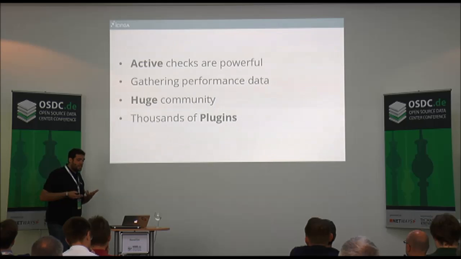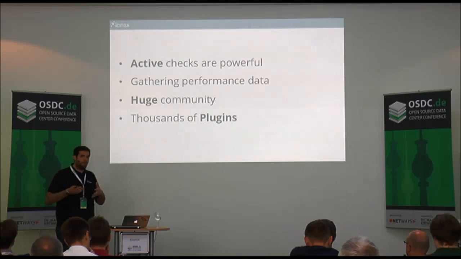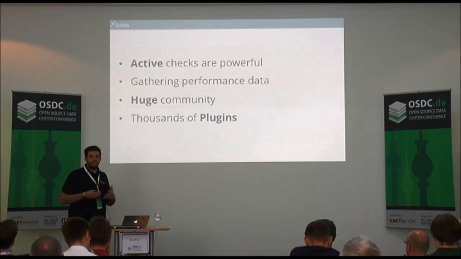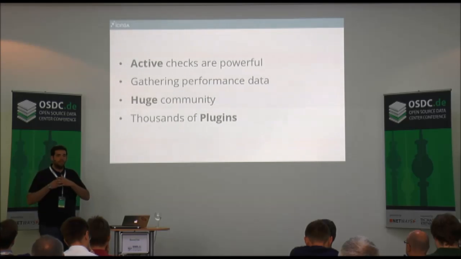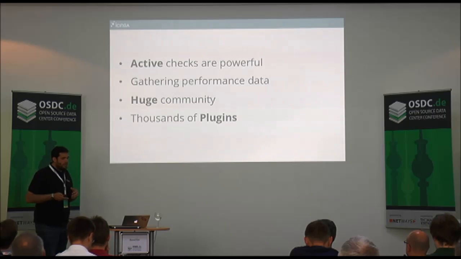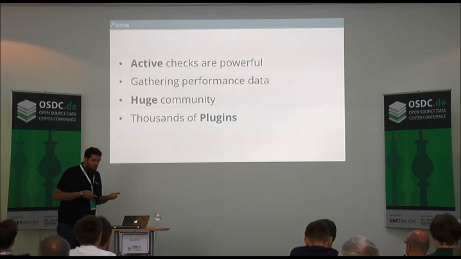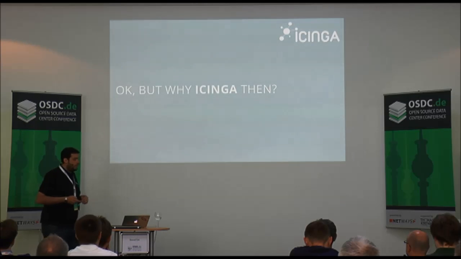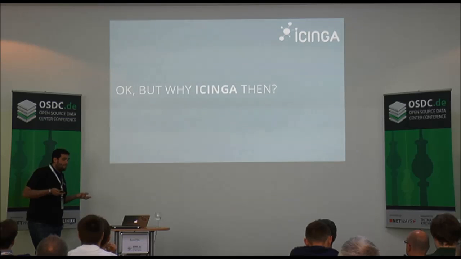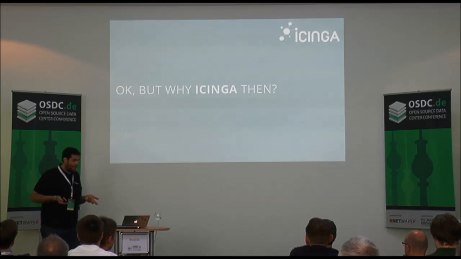Gathering the performance data, and nevertheless also the huge community, which is one of the biggest advantages Nagios and Icinga has, that there are thousands of plugins, millions of users using it. So the general idea of Nagios was, it's okay. But then the question is, why Icinga if Nagios is okay?